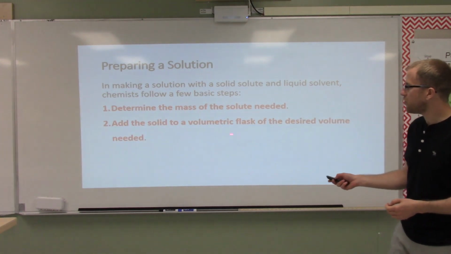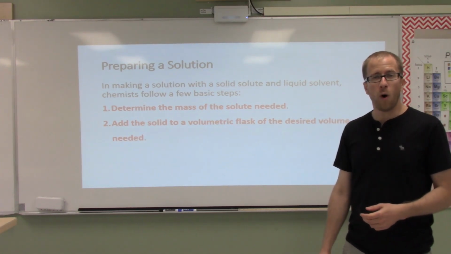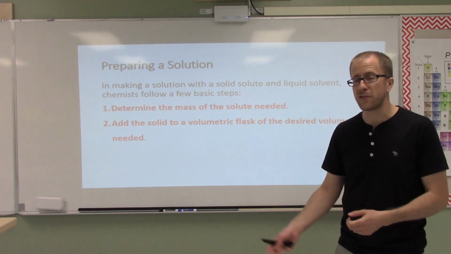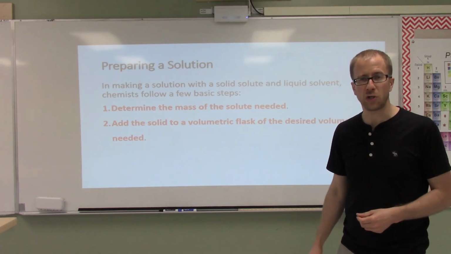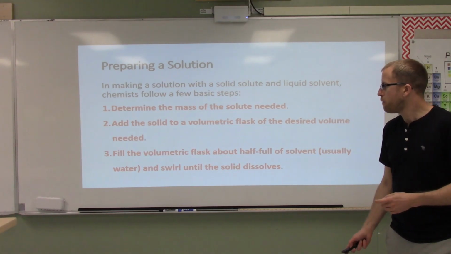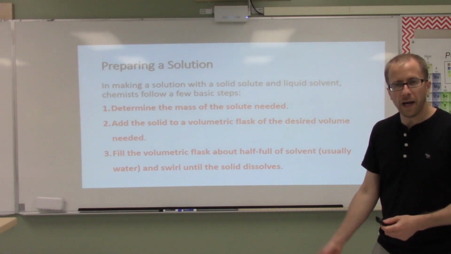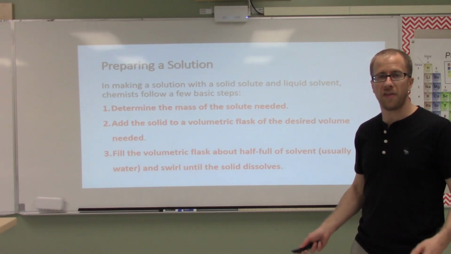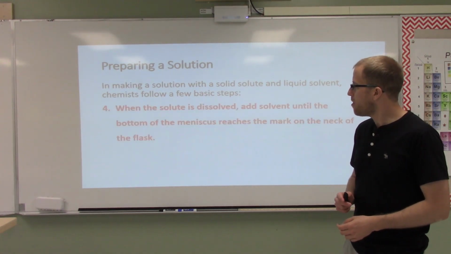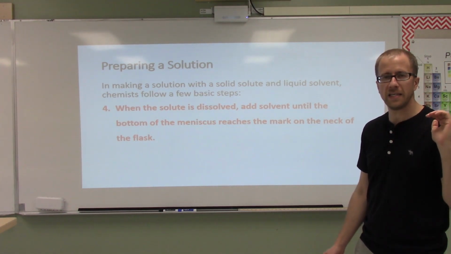We add the solid to a volumetric flask with the desired volume. If I wanted to make instead 2 liters of solution, I would use a 2-liter volumetric flask. Here I just wanted 500 mils. You fill the volumetric flask about half full of solvent, and you swirl to dissolve that solute, and then you will fill to your desired level once it is dissolved.